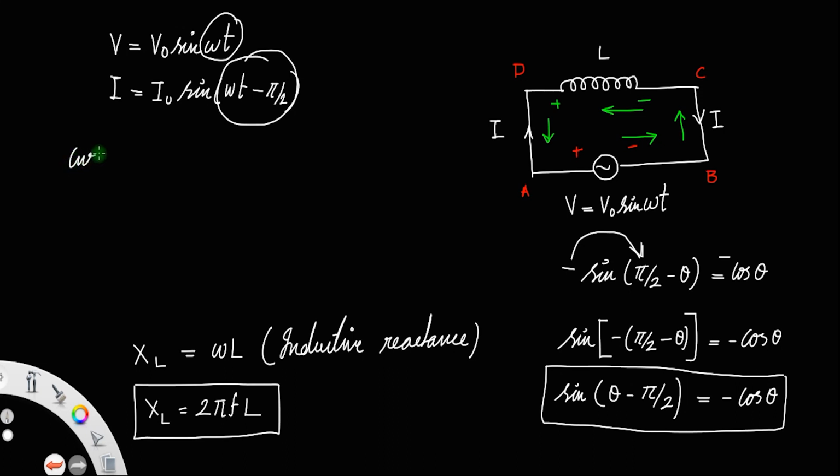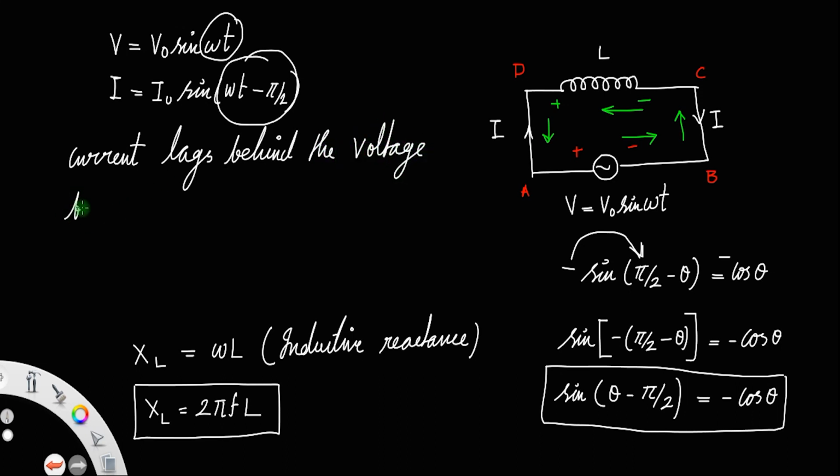So current lags behind the voltage by a phase of pi by 2. Clear?